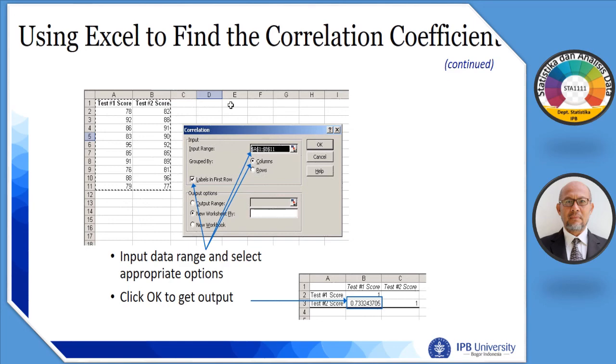You put the first variable in the first column, column A, and the second variable in column B. You have 10 data points, and then you select the input data range and the appropriate option, and then you select correlation here. Excel will give you the output correlation between column 1 and column 2, for example here 0.73.